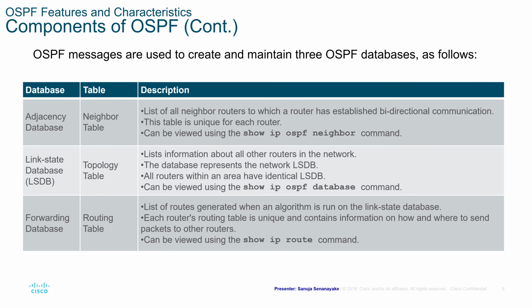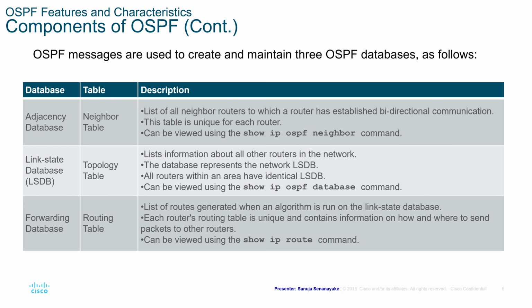OSPF messages are used to create and maintain 3 OSPF databases. They include the adjacency database, link state database, and forwarding database. The adjacency database has a table called the neighbor table, and it lists all neighbor routers with which a router has established bi-directional communication.